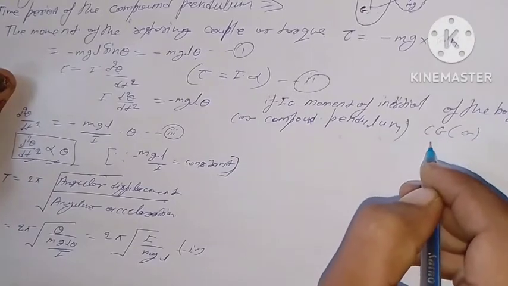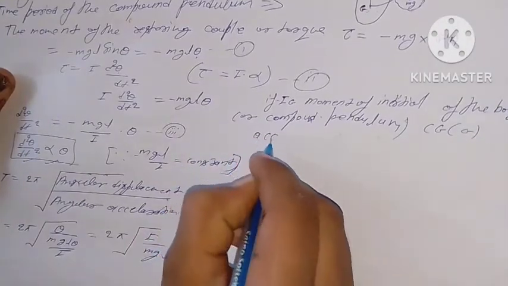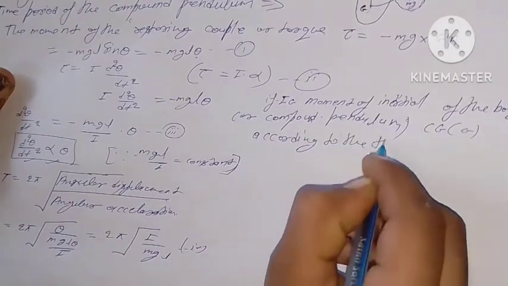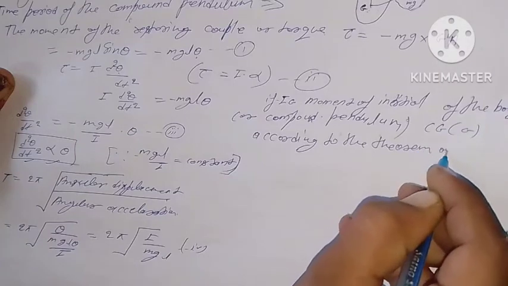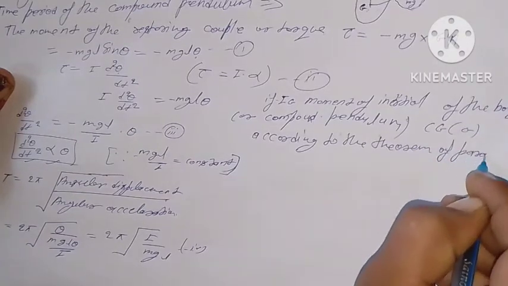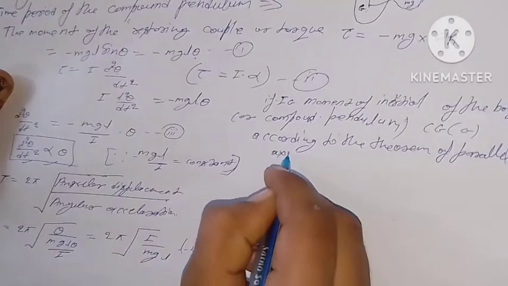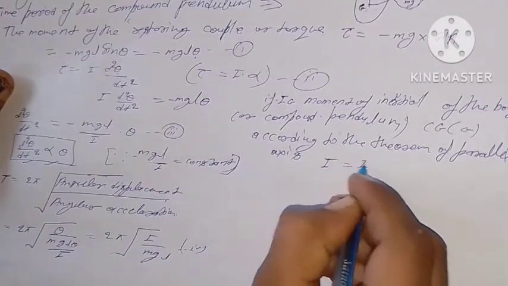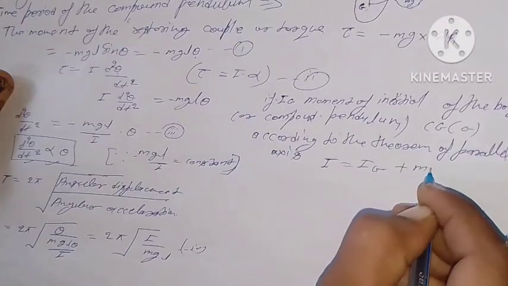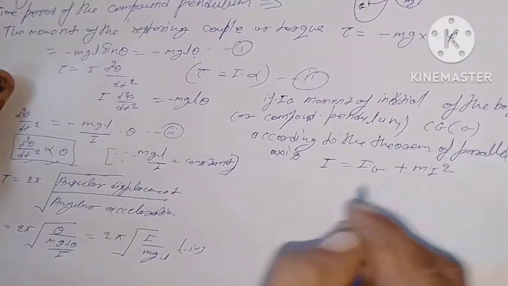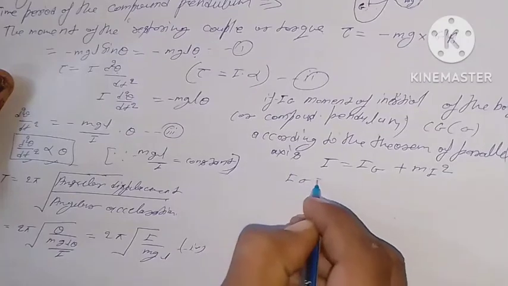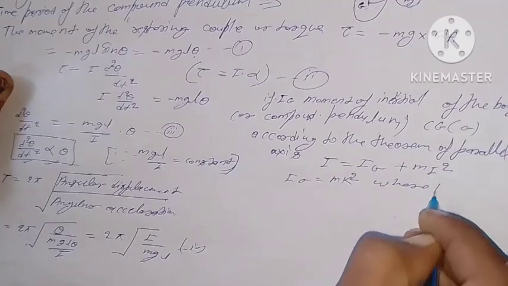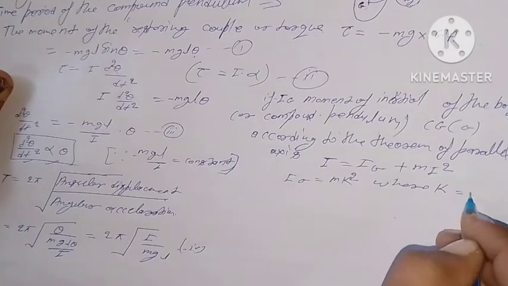Then according to the theorem of parallel axis, I equals Ig plus ml square. Okay, Ig equals mk square, where k is the radius of gyration.